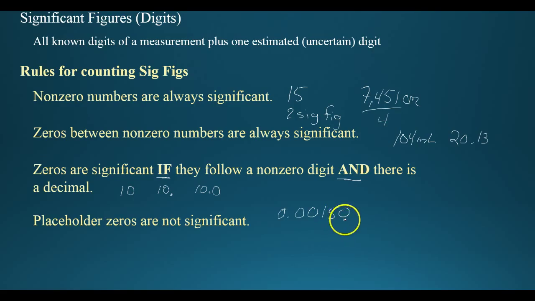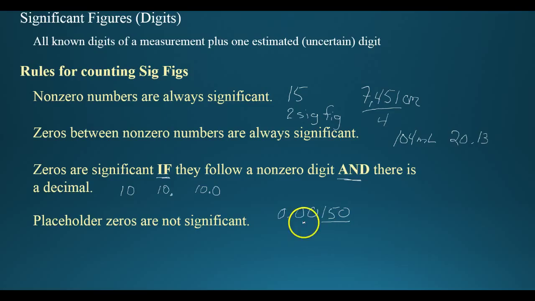So this 0 is significant. Well, what about these ones that come before the 1? That doesn't follow the rule. They're before the non-zero digit. So these are place-holding zeros and they're not significant. So our only significant digits that we have in this number are the 1, 5, and the 0.